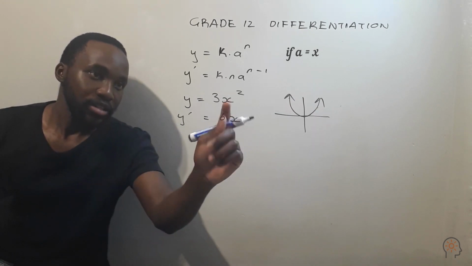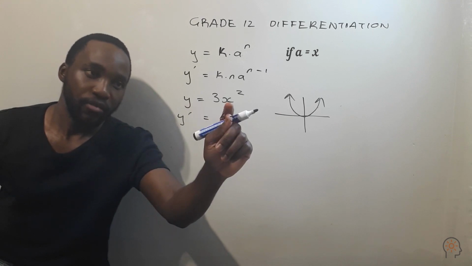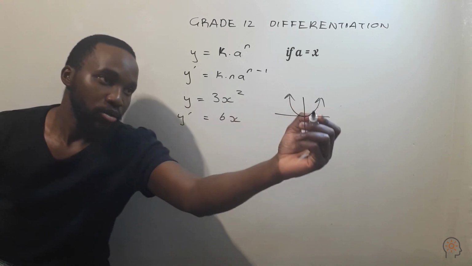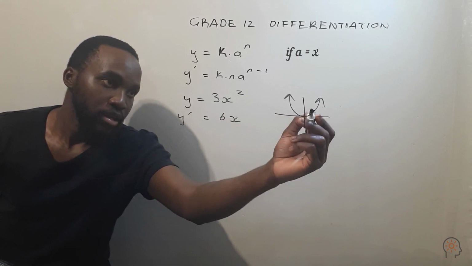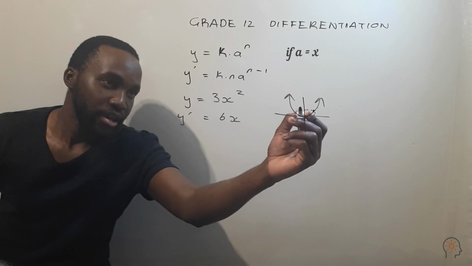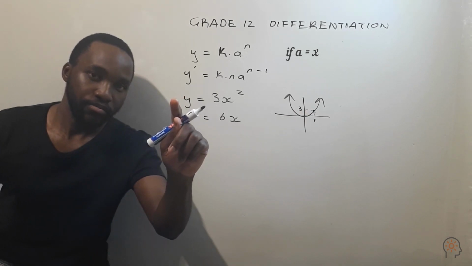For example, if I sub in 1 where x is in our normal equation, it will tell me that the y value there is just a 3.